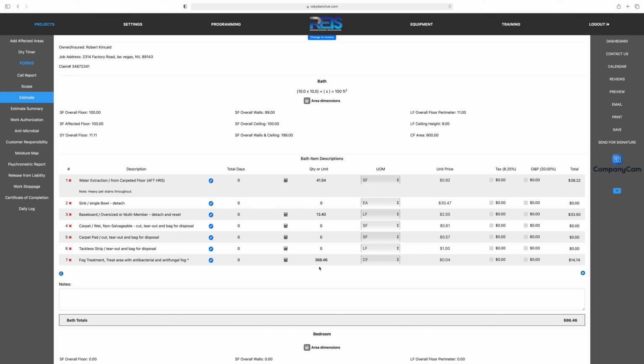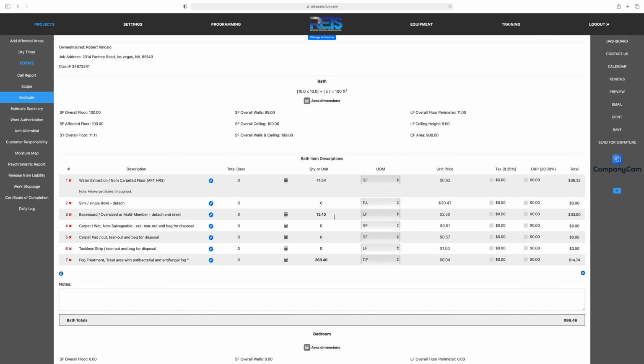It automatically populated right here under quantity or unit: length times width times height, and you got it. Of course, this number is your cubic feet, here's your unit of measurement, UOM. This calculated with your unit price 0.04, and there's your price of $14.74.